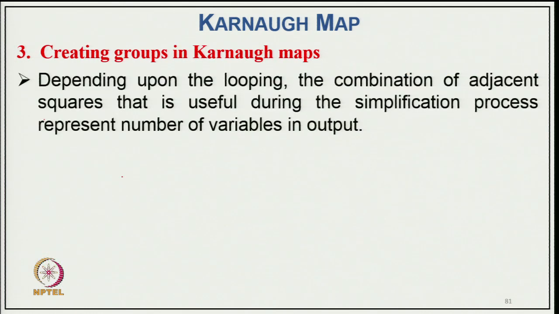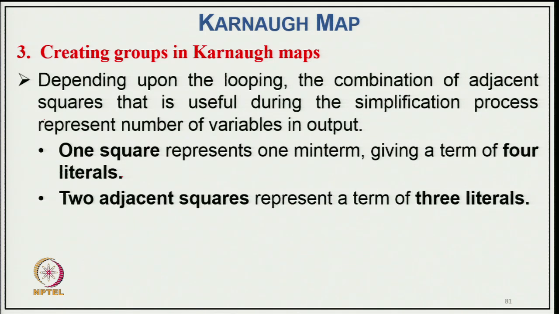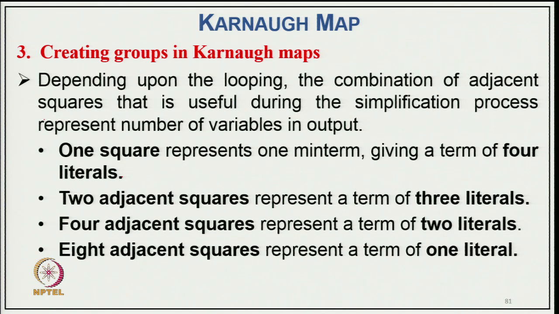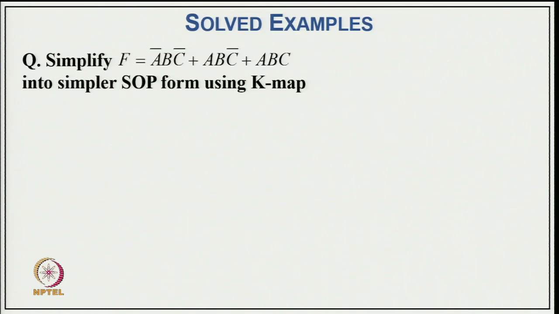Depending upon the looping, the combination of adjacent squares useful in simplification determines the number of variables in the output: 1 square represents 1 minterm giving a term of 4 literals, 2 adjacent squares represent 3 literals, 4 adjacent squares represent 2 literals, 8 adjacent represent 1 literal, and 16 adjacent in a 4 by 4 map represent 1.